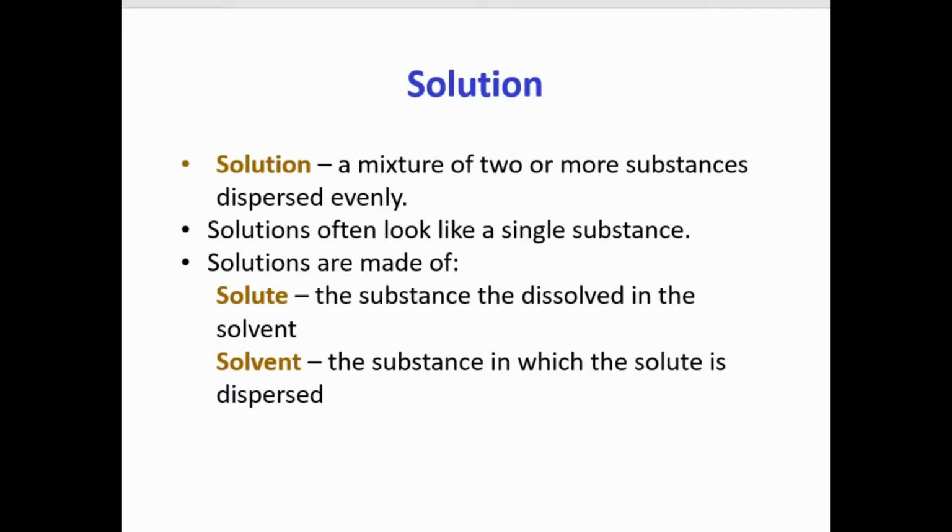Solutions are made up, like I said, of two or more different substances. The solute is the substance that is dissolved in the solvent. The solvent is a substance that does the dispersing. For example, if you had a glass of water and you mix some salt into it, the solvent would be the water, the salt would be the solute.